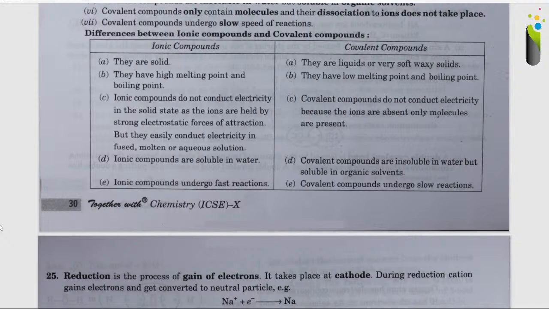Point number 4. Ionic compounds are soluble in water, whereas covalent compounds are insoluble in water but soluble in organic solvents. Next point, ionic compounds undergo fast reactions, whereas covalent compounds undergo slow reactions.